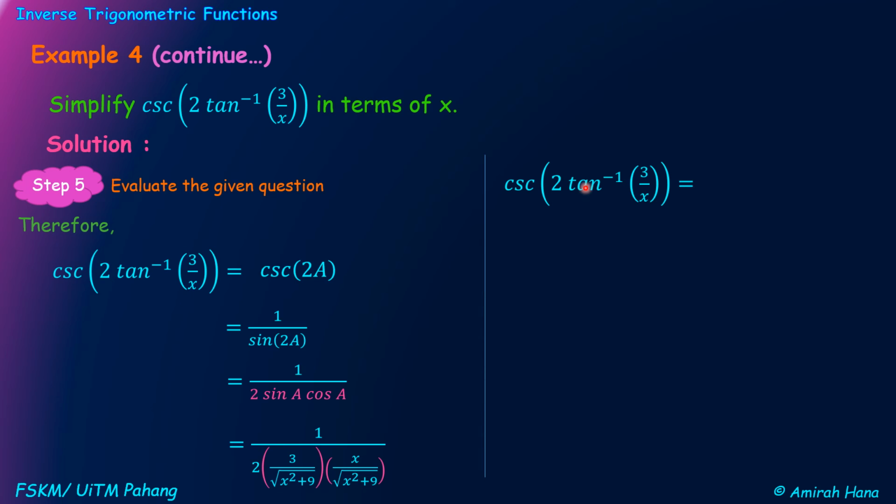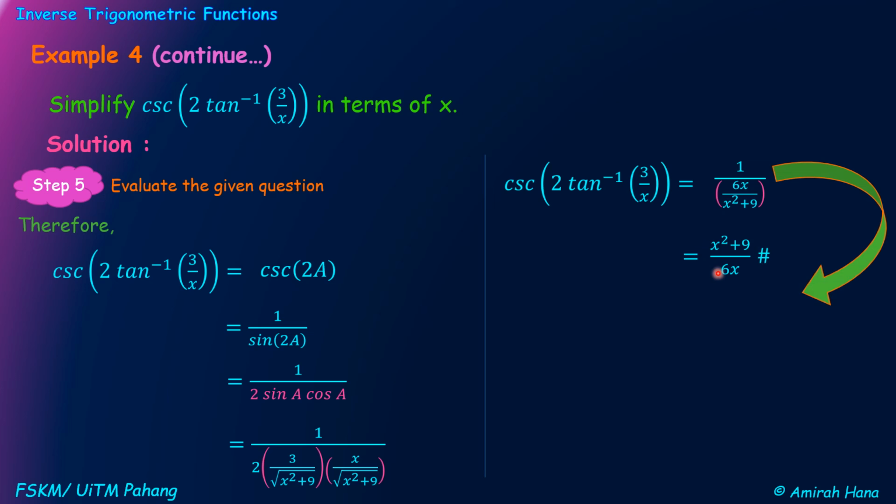After that, we multiply 2 times 3 times x to get 6x, over the square root of x squared plus 9 squared, and the square root cancels, so we get x squared plus 9. No more square root.